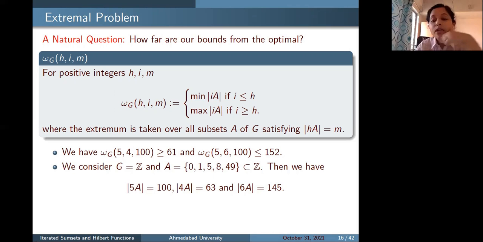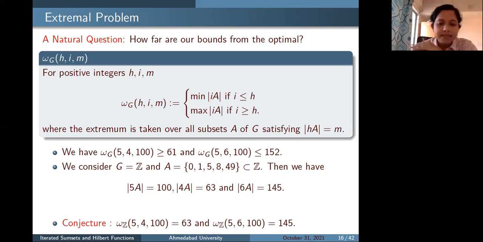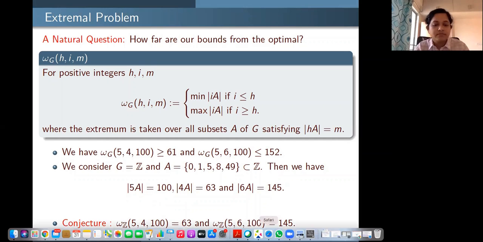And what we are hoping is, it's a conjecture, and it's a really strong conjecture after seeing this, that the value we are having here is the optimal one. So whatever set you take with this, you will have this exact value. It's quite a strong conjecture we are hoping for here.